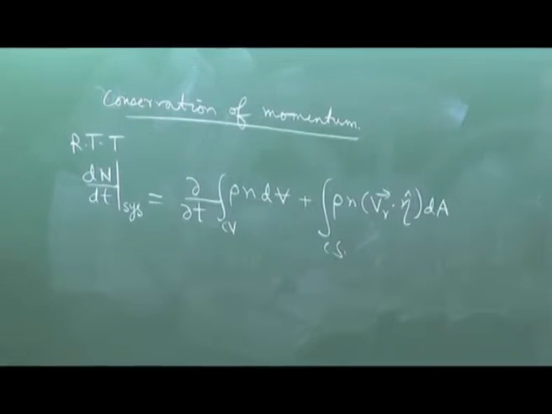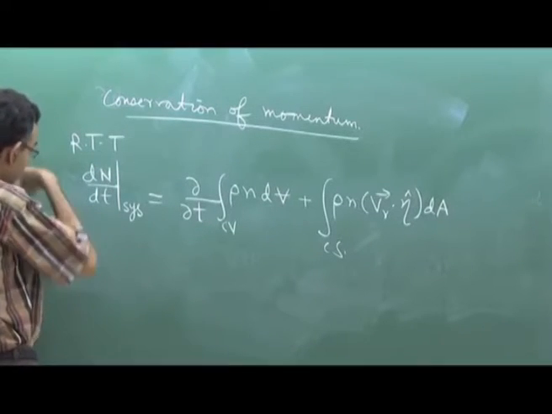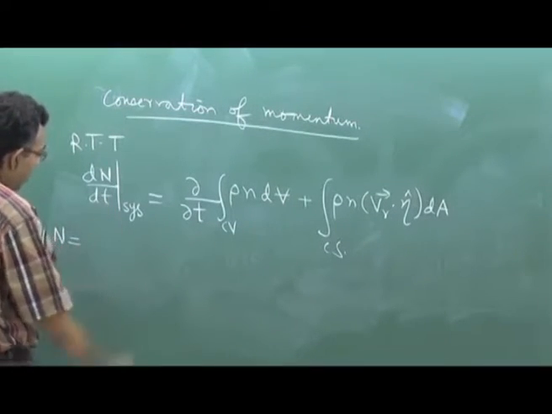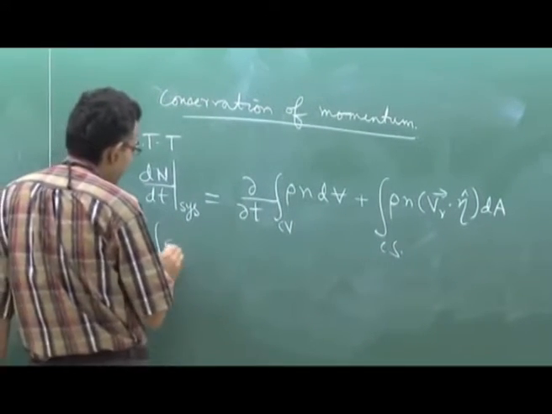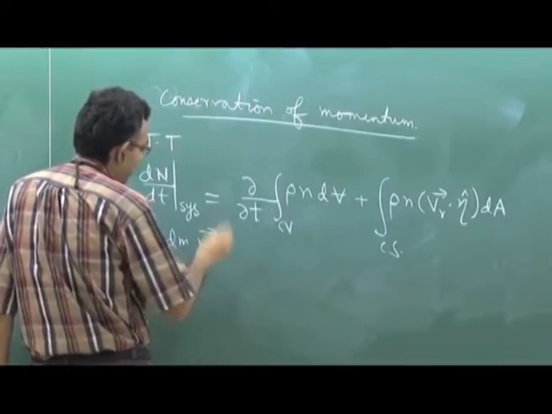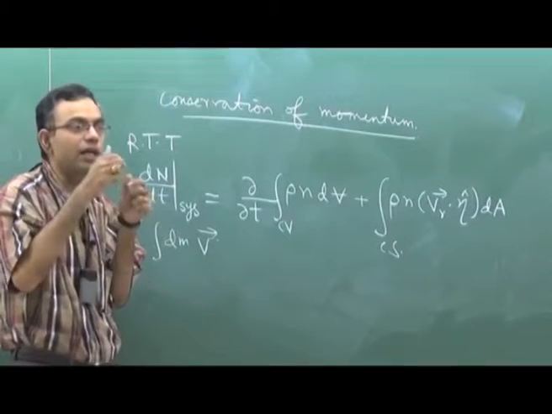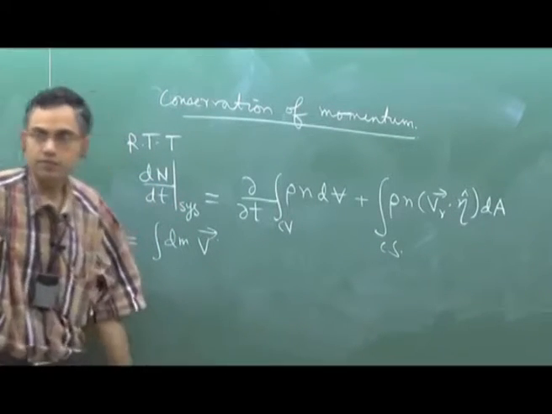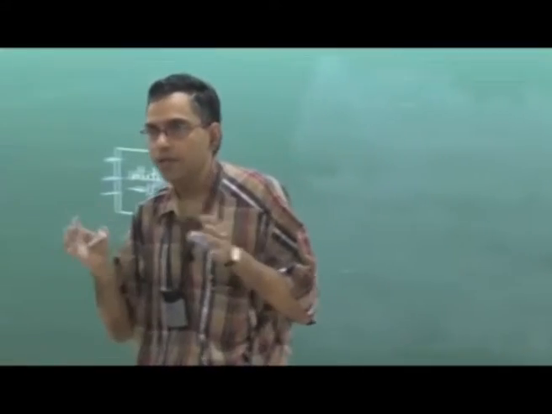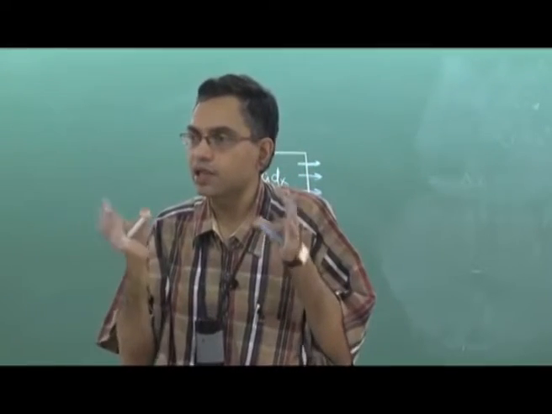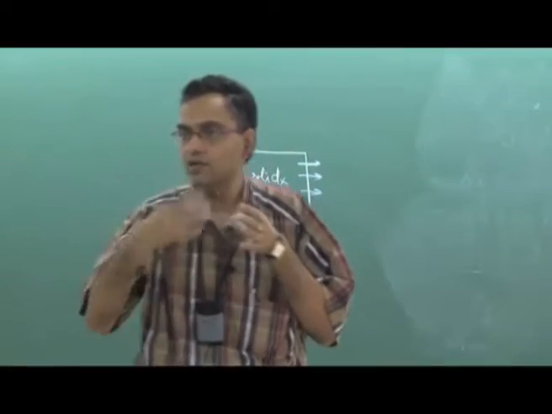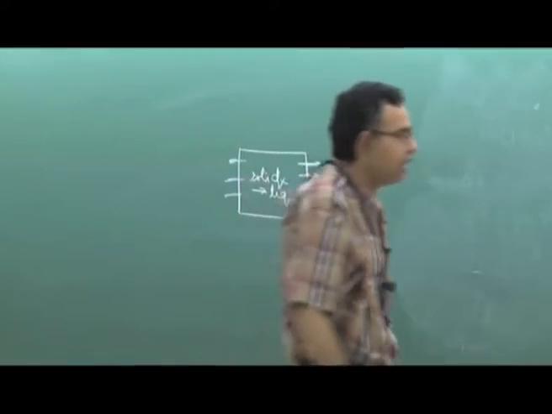So for linear momentum conservation, N is what? mv, or you can write integral of dm v, because every mass of the fluid element may have a different velocity, but loosely mv is fine. There are many things which we write very rigorously and many things which we do not write very rigorously, still it is okay if we mean the same thing and go ahead with the conceptual understanding.